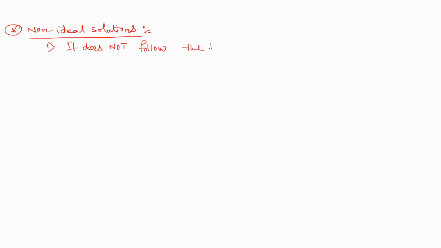Now we will learn about the non-ideal solution. So what will be the criteria for a non-ideal solution? For the ideal solution, we know that it follows Raoult's law. For the non-ideal solution, it does not follow Raoult's law.